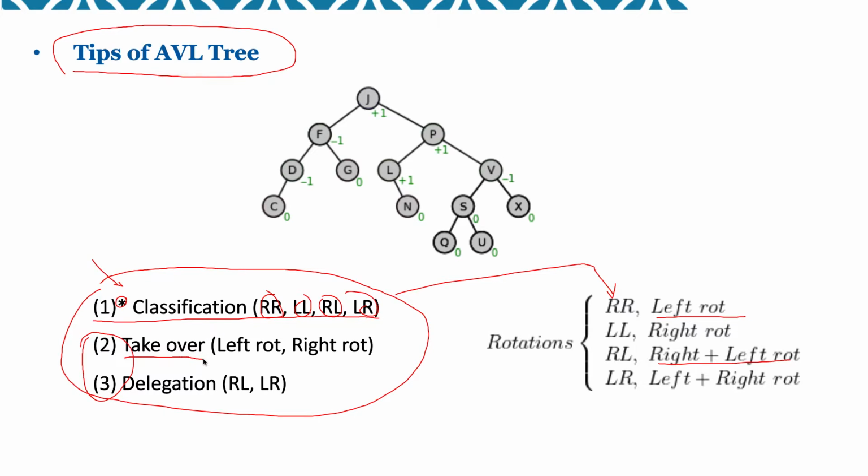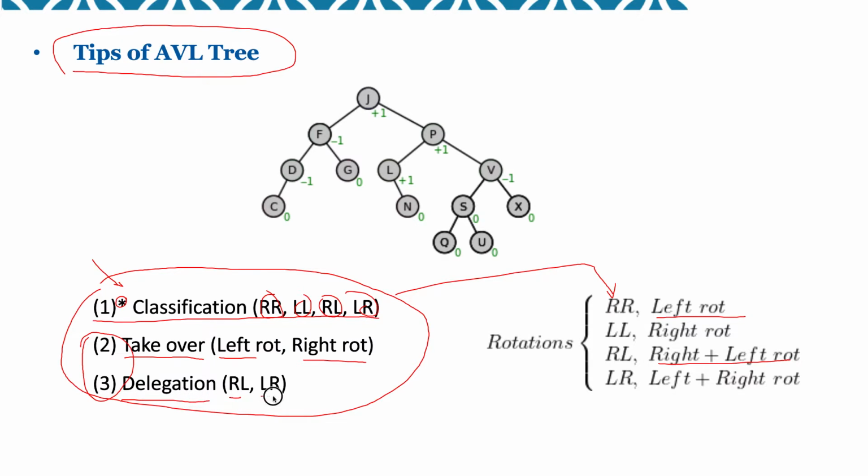Why do I call it takeover for the left rotation or right rotation? Because in these 2 operations there's a process in which a node should take over the position of another node, and then another node should find a new position to fit in. So why do I call it delegation?